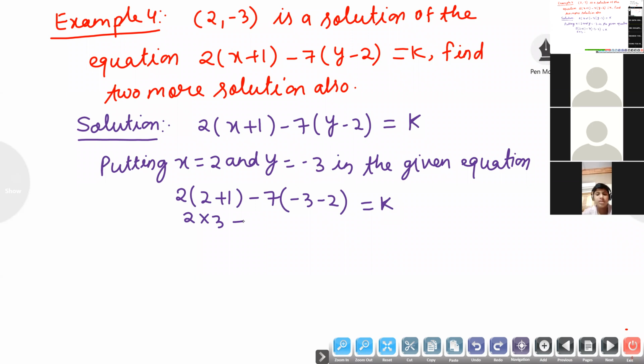Minus 3 minus 2 is minus 5, minus 7 into minus 5 is, minus into minus is plus, 7 5s are 35. 6 plus 35 is equal to k. Now the value of k has come 41.